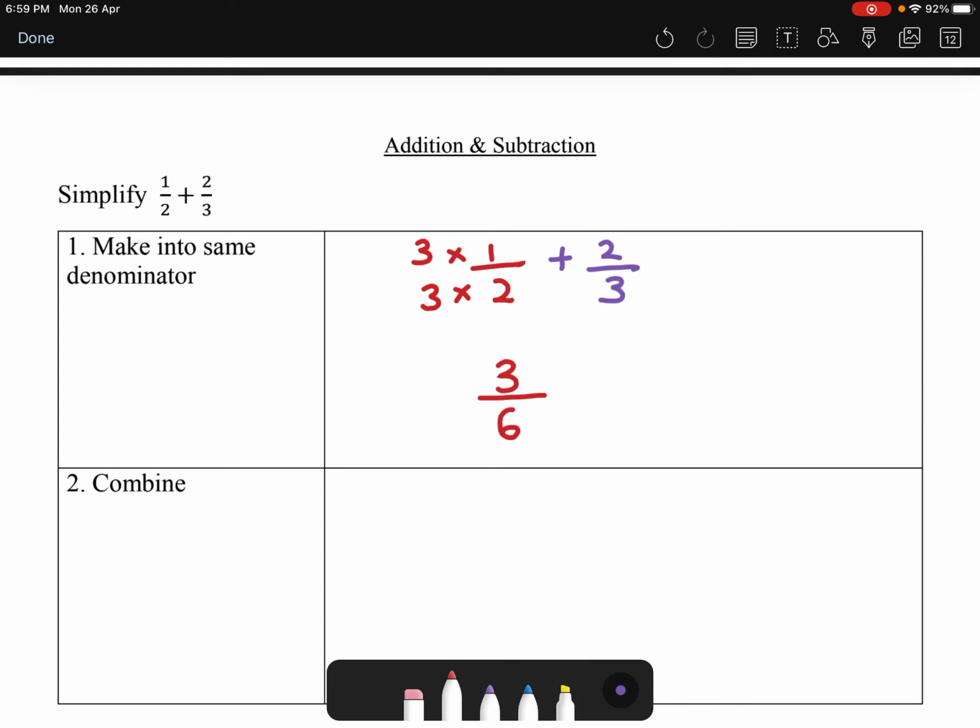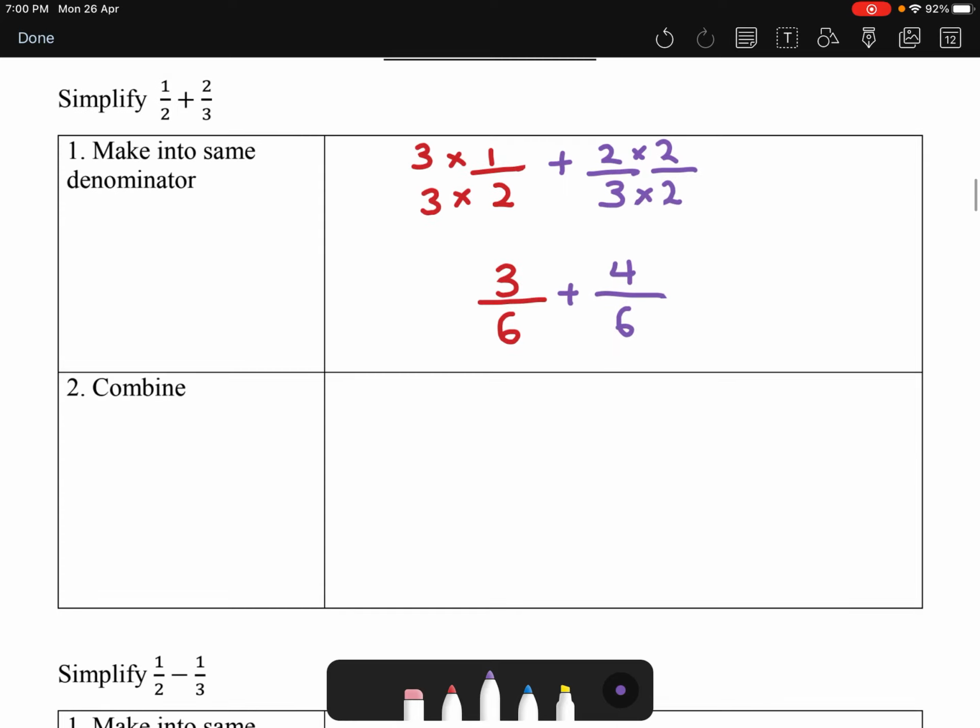Let's move on to the second term. The second term is 2/3, but same thing, I want to make my denominator into 6, so I must times 2 at the bottom, and you need to times 2 at the top. So the top is 2 times 2, which is 4, and 3 times 2 is 6.